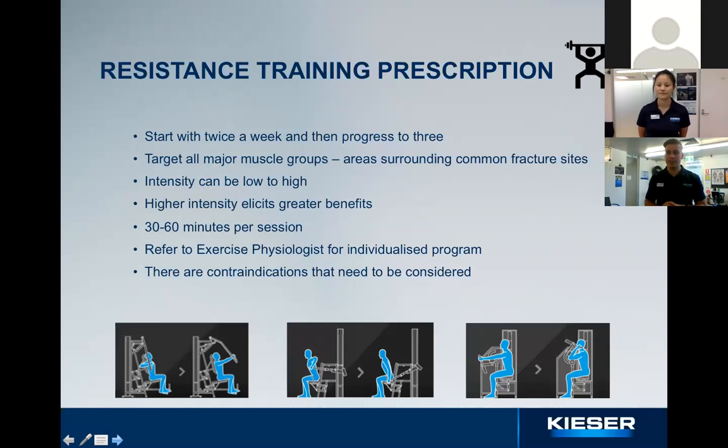We know that 30 minutes is an adequate amount of time to get enough benefit from the strength training. And it's really important that you touch base with an exercise physiologist to get the most appropriate program made up for you. Because when it comes to weight training for bone health, there are certain exercises that are contraindicated or not recommended for osteoporosis due to risks. So it's really important that you have a program made up for you by a professional.